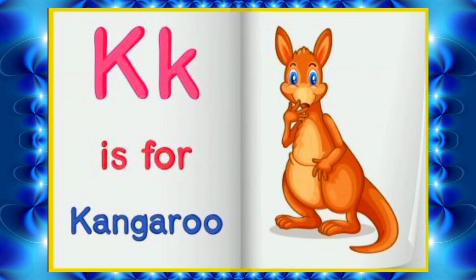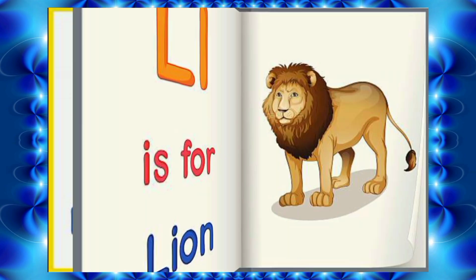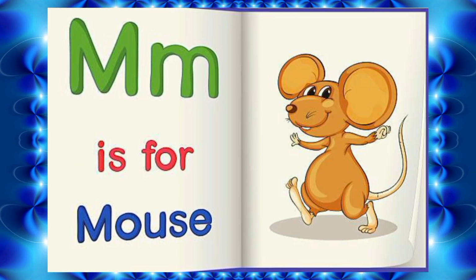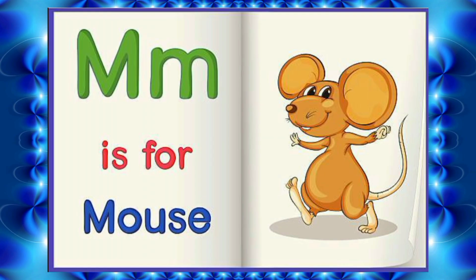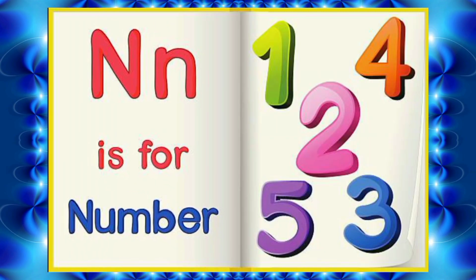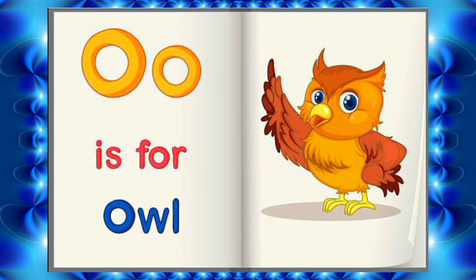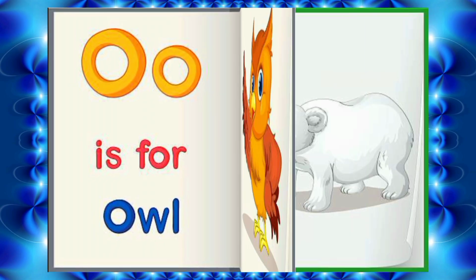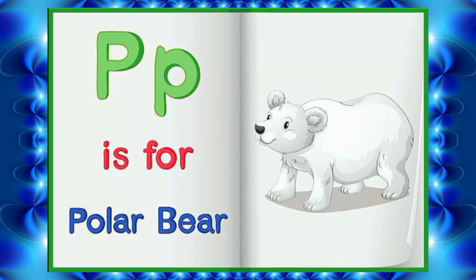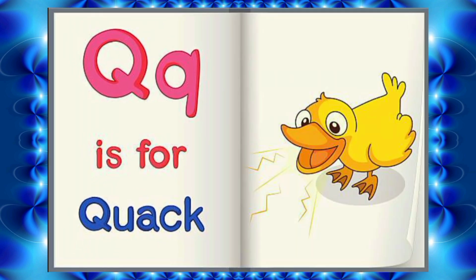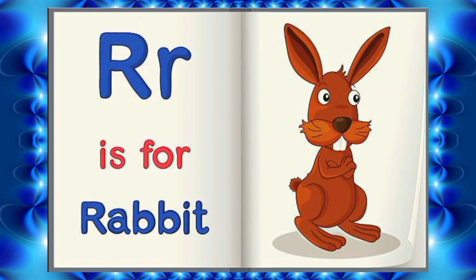K is for kangaroo. L is for lion. M is for mouse. N is for number. O is for all. P is for polar bear. Q is for quack. R is for rabbit.